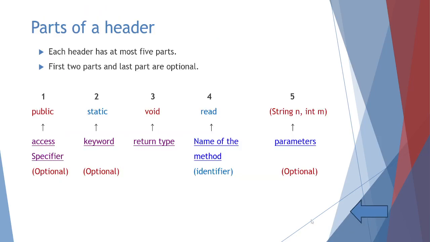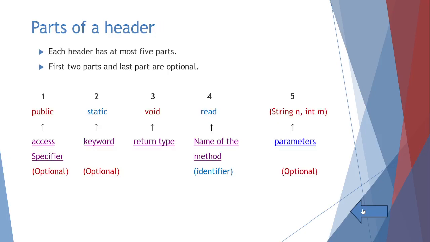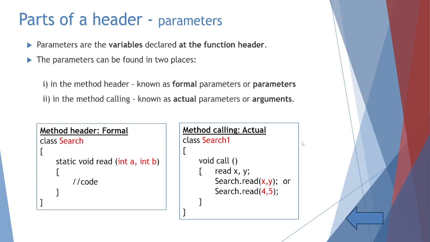Then the name of the method, very easy. We know that it can be any name relevant to the task. It's an identifier. So public void print, it should follow all the conventions of the identifier. And then parameters, optional. Here I explain a little bit. Parameters are the variables declared at the function header or method header.